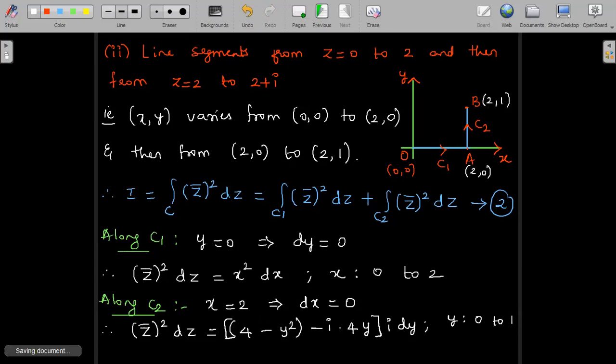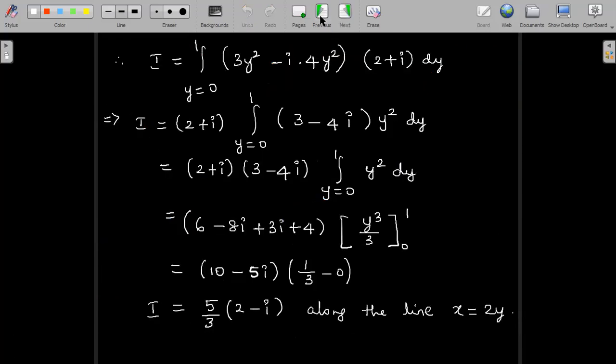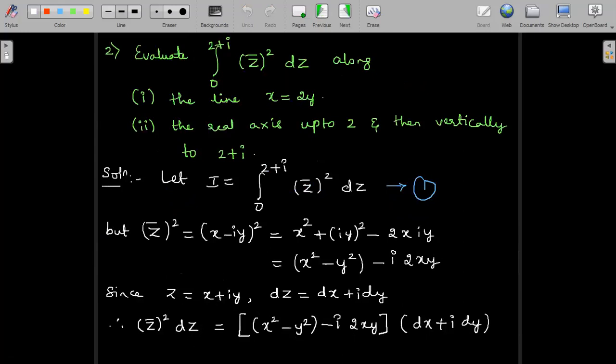So this is the substitution of x is equal to 2 and dx is equal to 0 in the product z bar whole square dz. Here we are substituting x is equal to 2. So 2 square is 4, 4 minus y square, and with x as 2, this becomes 2 into 2, 4yi.